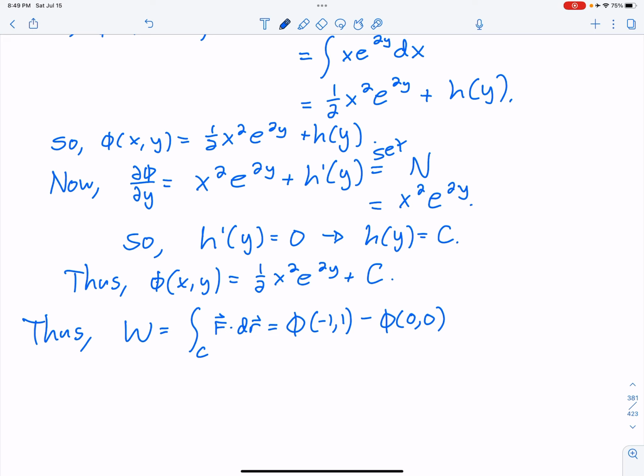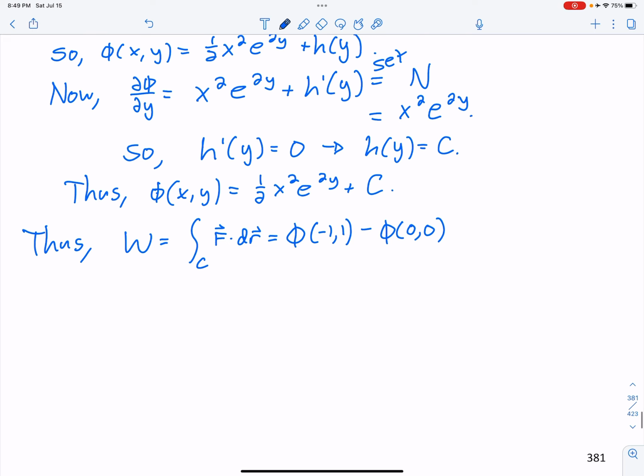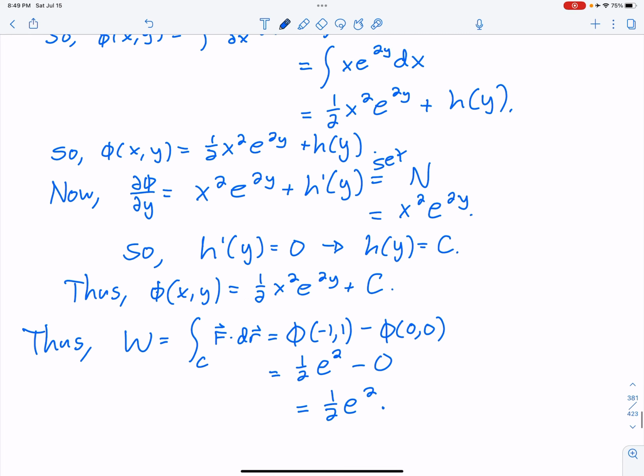Right, if we just plug these into the function that we just came up with, we're going to get 1/2 e to the second power, and then minus, that's just going to be a 0 because of the x. So the work here is equal to 1/2 e squared. We don't have units. We never discussed units in our problem, so we just leave it there. There's our work.